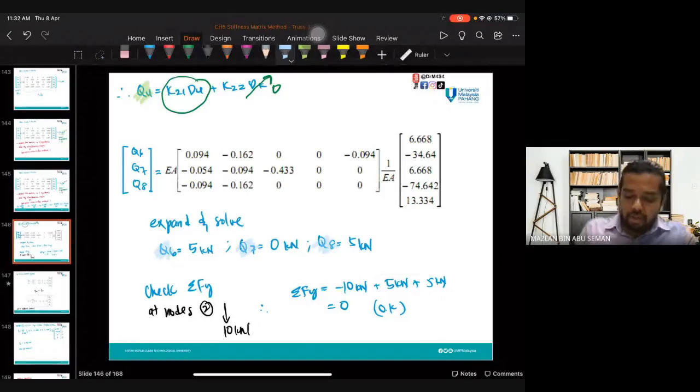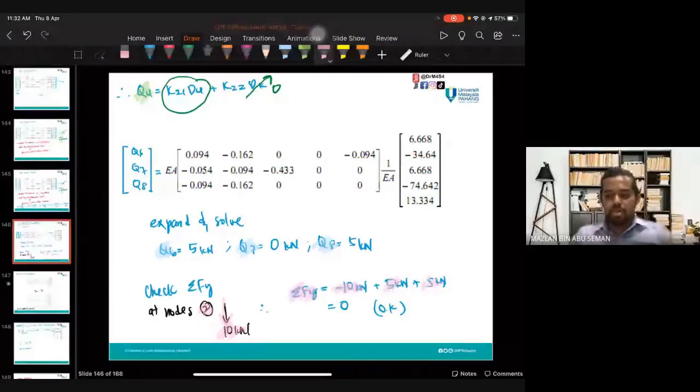Then you have the force in each direction, so you can check whether it's correct or not. As given in question 2, the downward force is 10 kilonewton. So check the summation of Fy: negative 10 plus 5 plus 5, we get 0. That means your calculation is correct. Okay, clear so far for that?